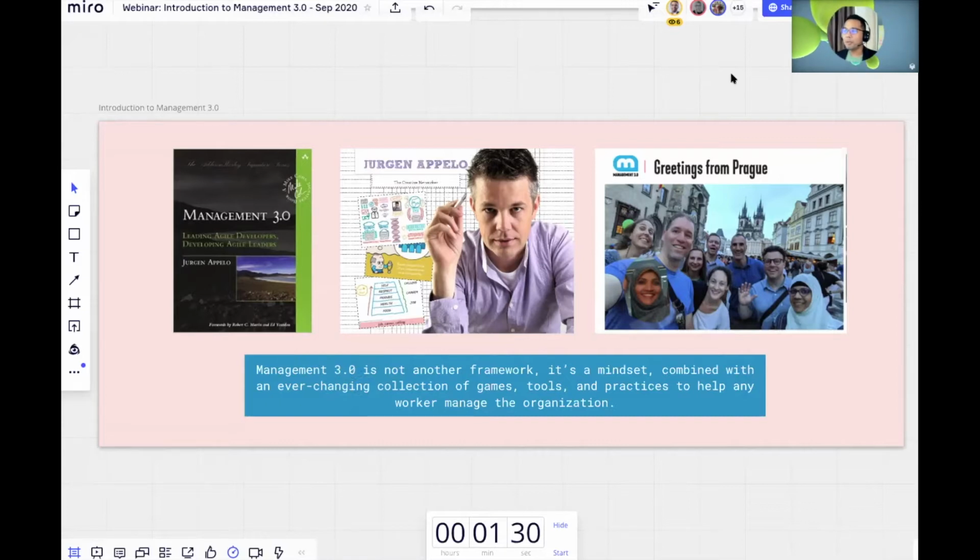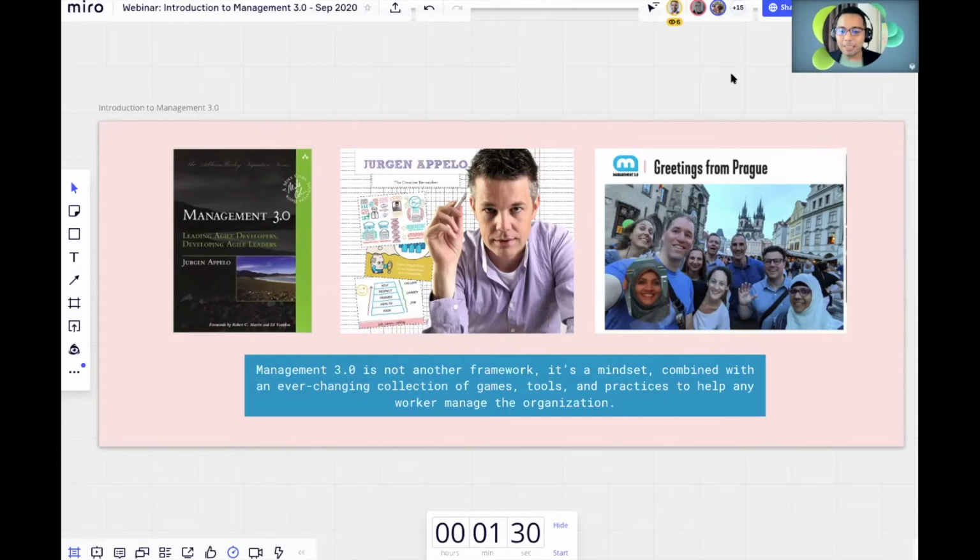Today, Management 3.0 is based globally. There are teams all over the world, but the guy that runs this is Ralph. He's based in Holland again. And this is the quote of Management 3.0. Management 3.0 is not another framework. It is a mindset combined with an ever-changing collection of games, tools, and practices to help any worker manage the organization.